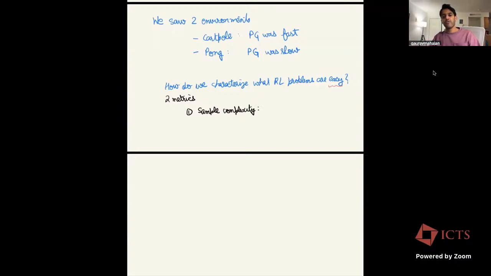I would want my algorithm for an RL problem to have low sample complexity, which means I should make fewer interactions with the environment.